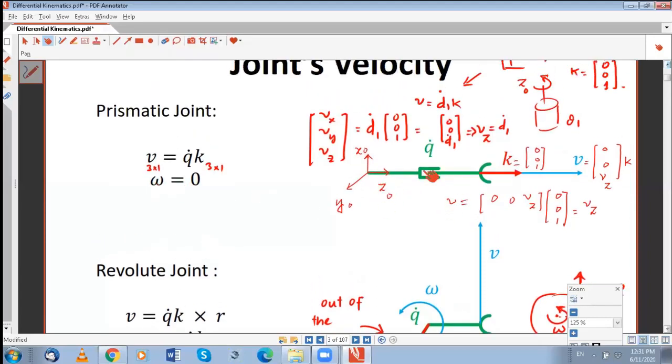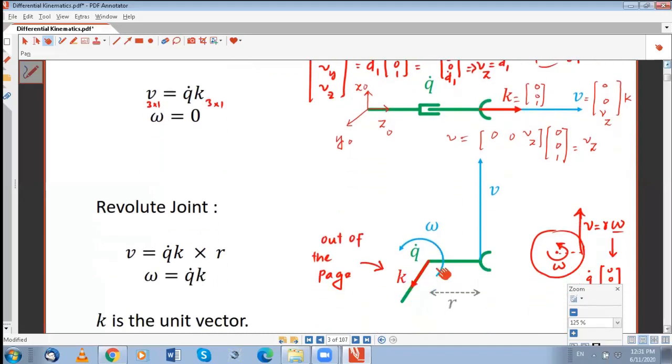And there is no way that this q dot can affect the angular motion of the end effector, because it's a prismatic joint, a linear joint. So a linear motion at the joint level can only contribute to the linear motion at the Cartesian level, at the end effector level. An angular motion at the joint level can contribute both to the angular motion and the linear motion of the end effector.